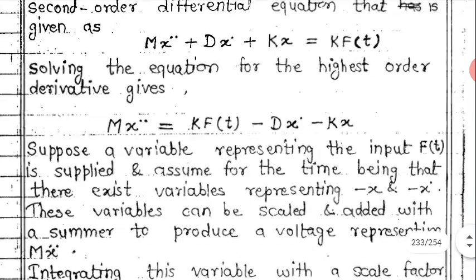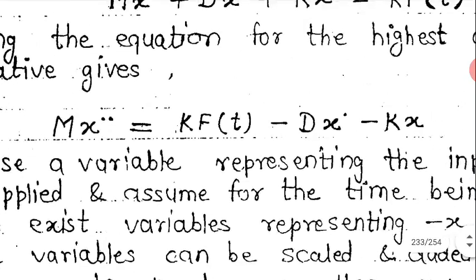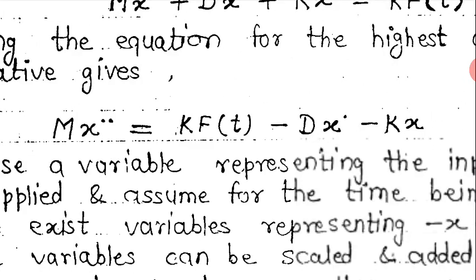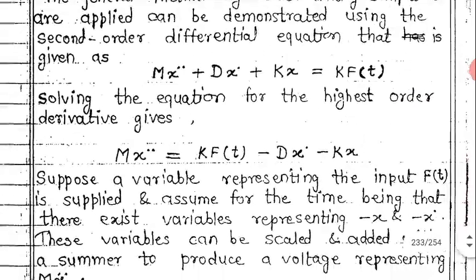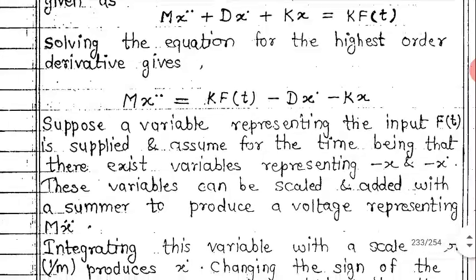derivative on one side, or we can observe this as given over here: m x double dot is equal to k into f of t minus D into x dot minus k into x. So we have just rearranged this same equation.